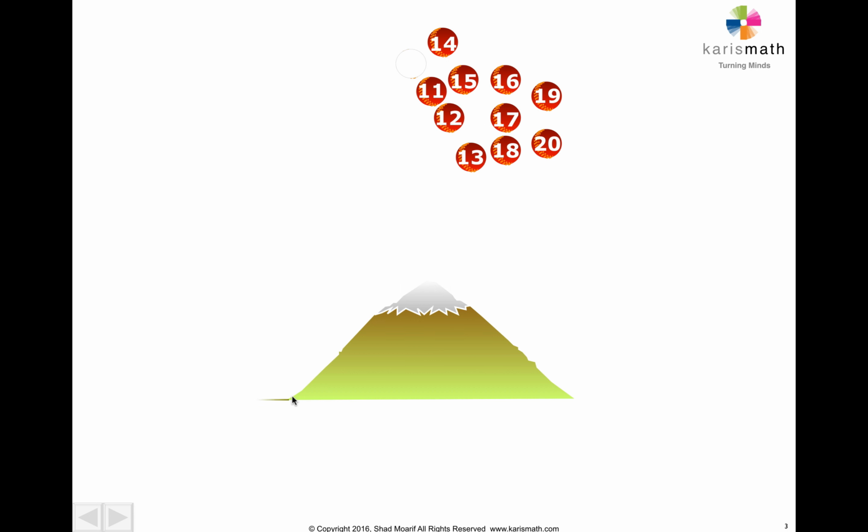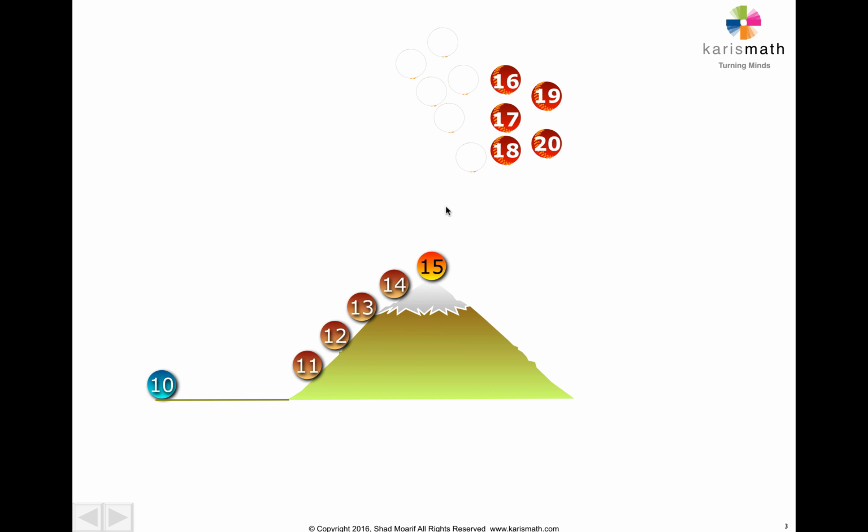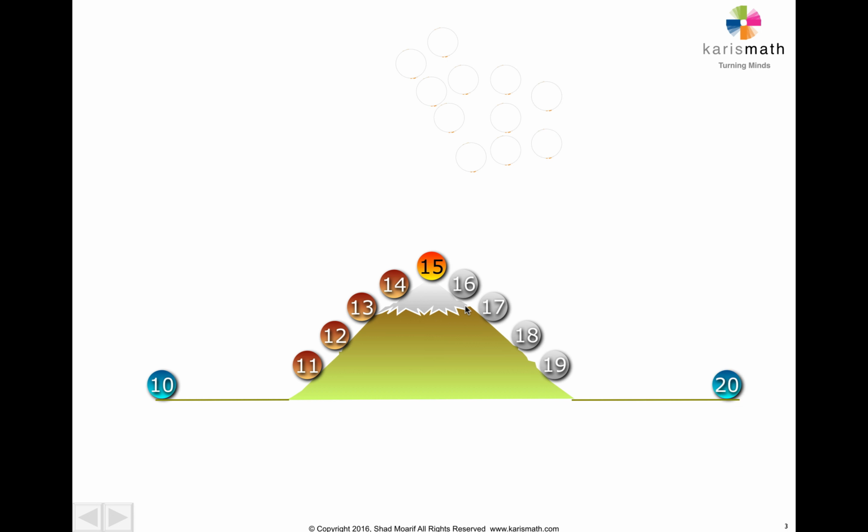We put 10 at the bottom of the mountain, and 11, 12 climb up the slope all the way through to 15. Then 16, 17, 18, 19 come down the slope until 20 rests at the bottom of the mountain. And so that's how it's arranged.